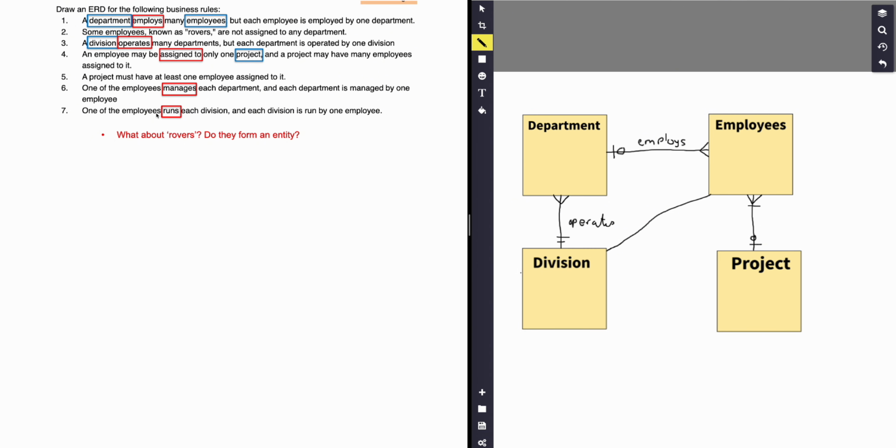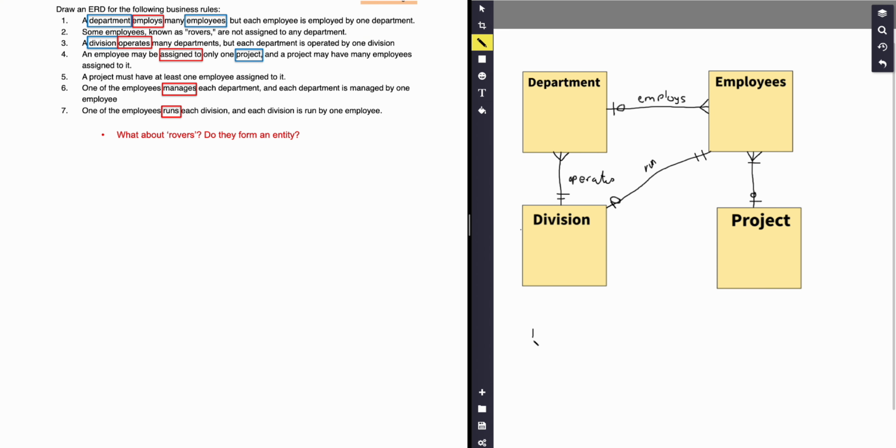One of the employees runs each division, and each division is run by only one employee. So runs, so only one employee, but not all employees, because remember there's some employees that won't run a division, so that's optional there, can run a division. But the division must be run by only one employee.